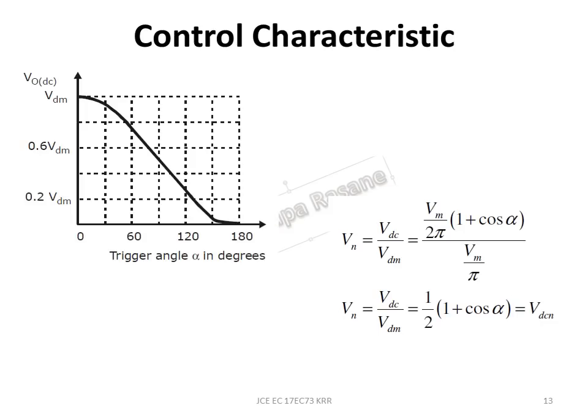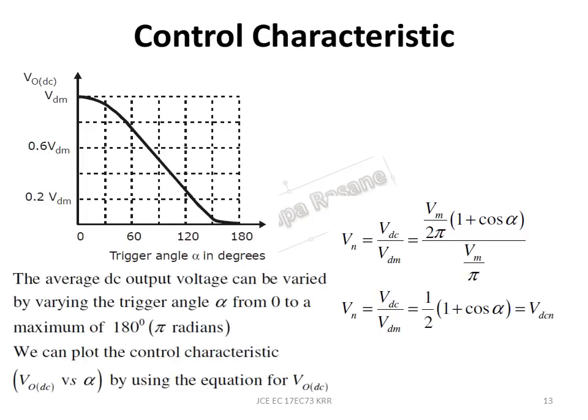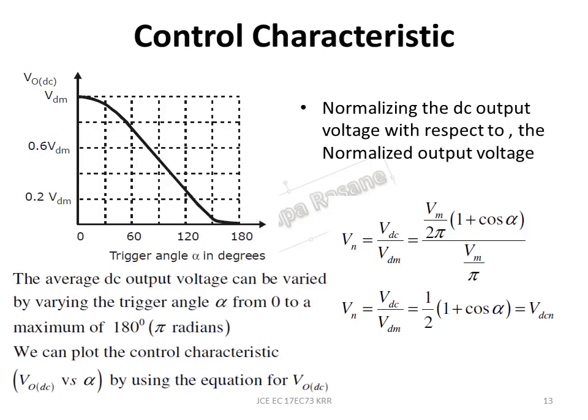So let us analyze how the table that we plotted looks here. Here we can see that the average DC voltage can be varied by varying the firing angle, and the firing angle can be varied from 0 to 180 degrees, right? So we can plot this control characteristics, that is V naught DC versus alpha, using this VDC formula that we know.